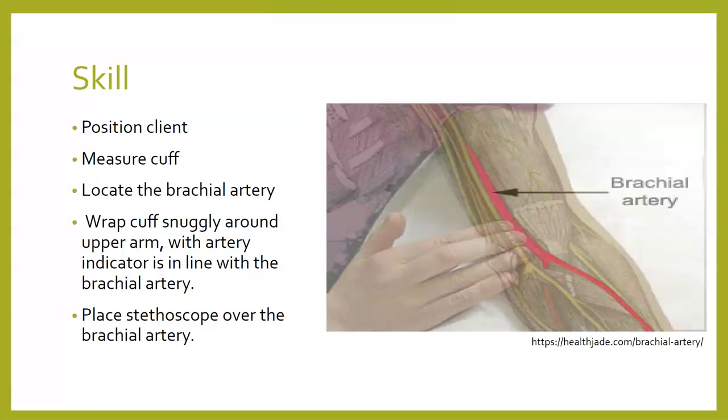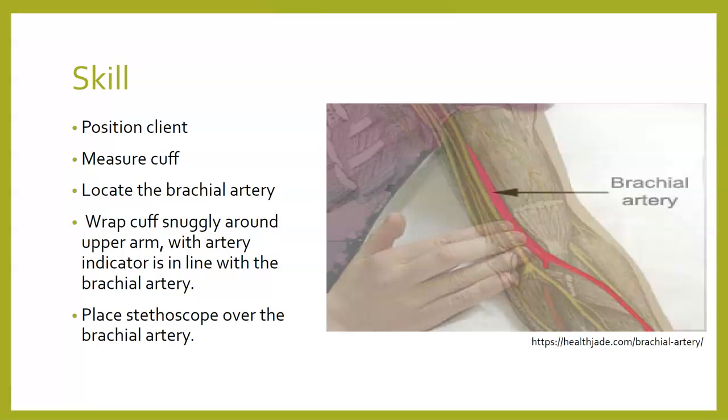And then the client's arm should remain flexed at the elbow and supported at the level of the heart. So if the arm is above heart level, then this can cause a falsely low reading. If the arm is below heart level, this can cause a falsely high reading.